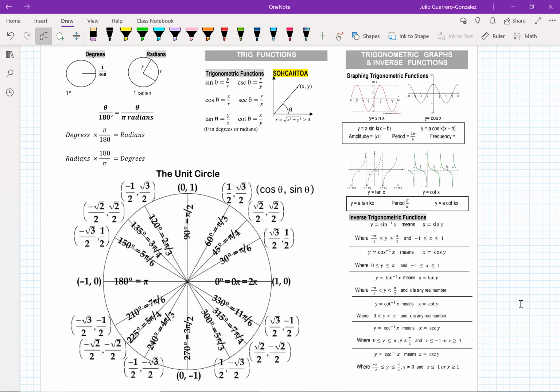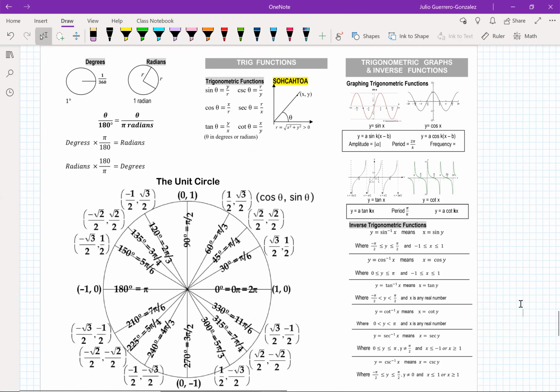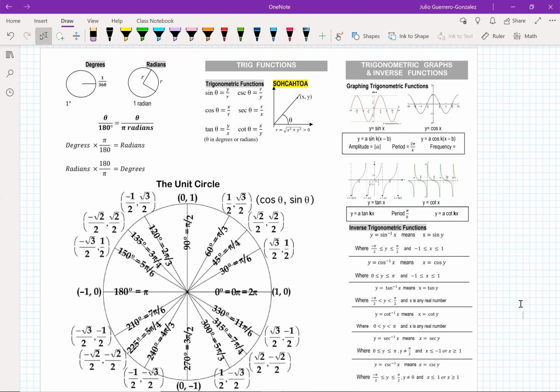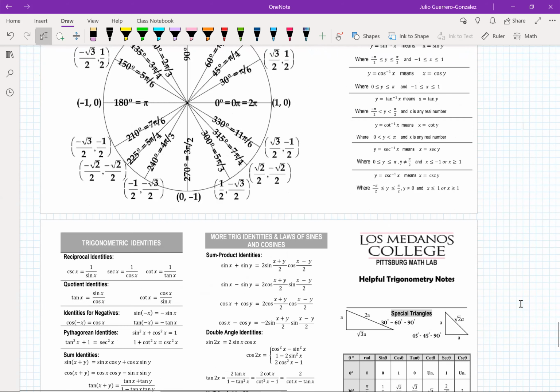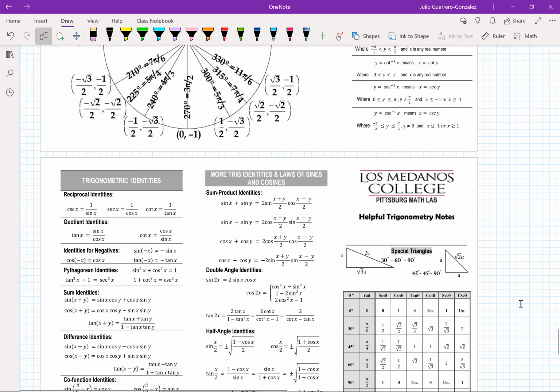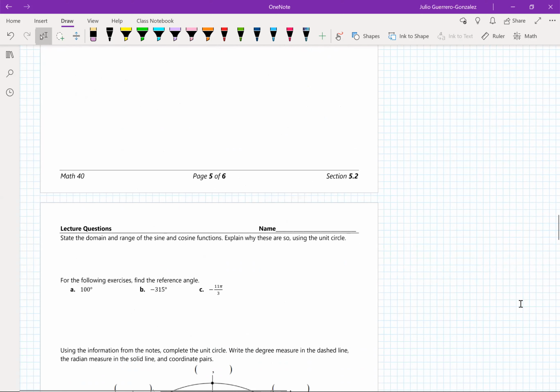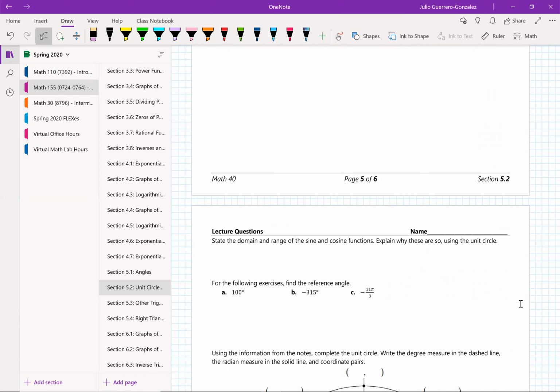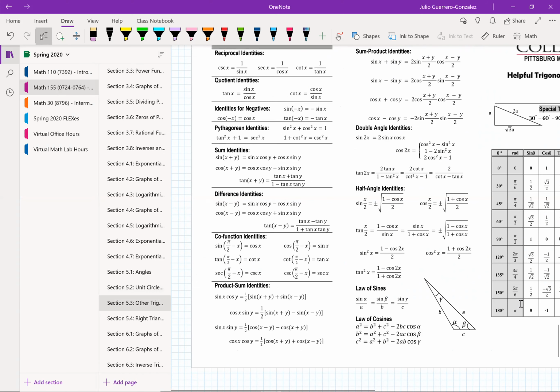So handy that calculus students regularly come back down to the math lab and say, hey, you guys got any more of those trig things? And we're like, oh yeah, here you are. It's got a lot of formulas on it. Use it freely. You will be using it freely once we get farther into the trig stuff, okay?